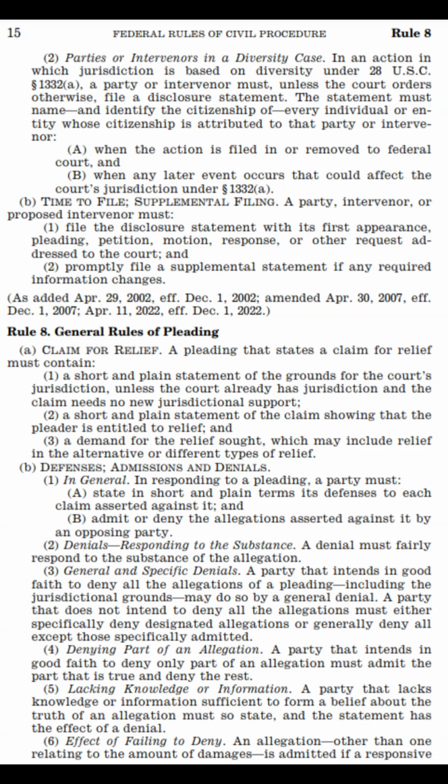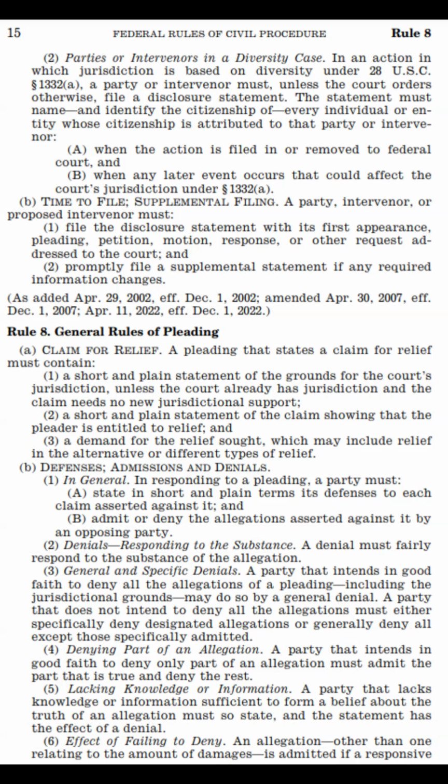B. Defenses, admissions and denials. 1. In general, in responding to a pleading, a party must: a. State in short and plain terms its defenses to each claim asserted against it, and b. Admit or deny the allegations asserted against it by an opposing party. 2. Denials, responding to the substance. A denial must fairly respond to the substance of the allegation. 3.